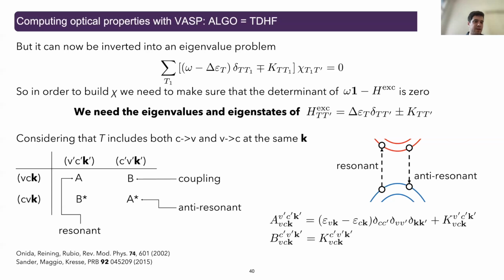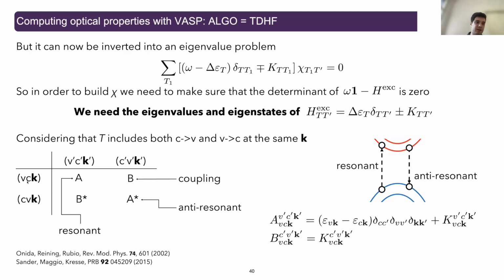And because of how it's set up, and we have C to V or V to C at the same K, this Hamiltonian can in fact be decomposed into 4 blocks. So if both indices are valence to conduction, you deal with the resonant block. If both are conduction to valence, you deal with the anti-resonant.